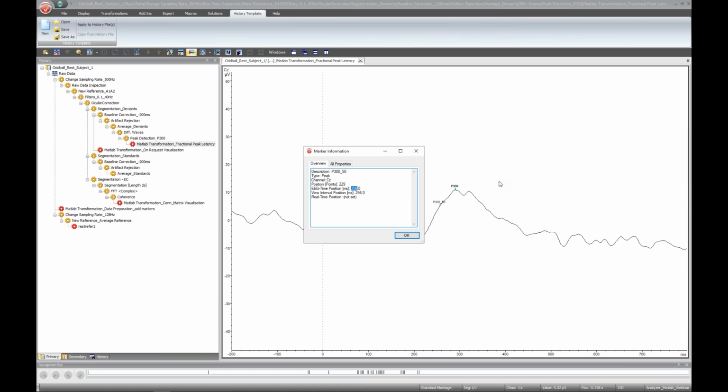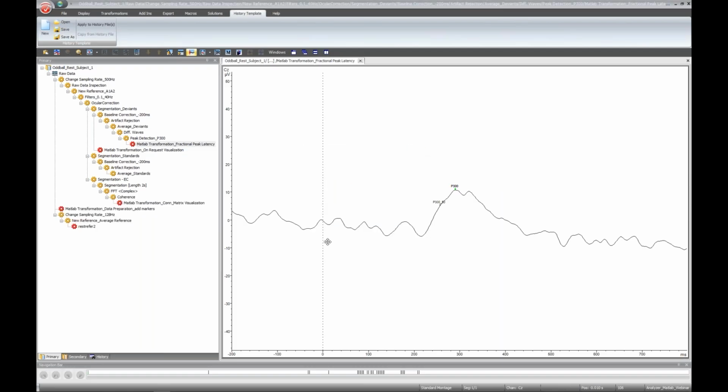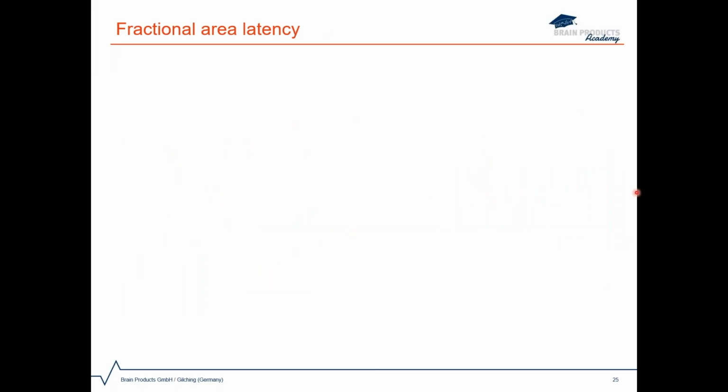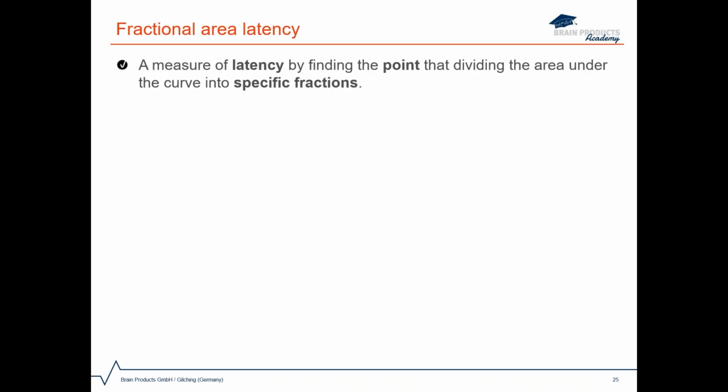Now, let's talk about the other latency measure. I will switch back to my presentation slides. Let me close the message box here. So fractional area latency provides a measure of latency by finding the point that divides the area under the curve into specific fractions.